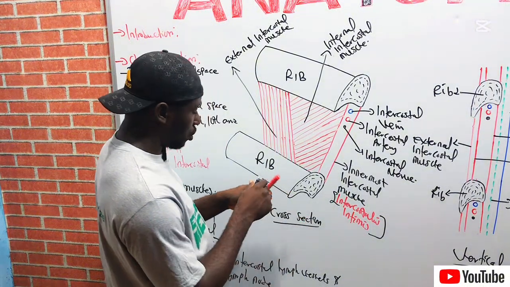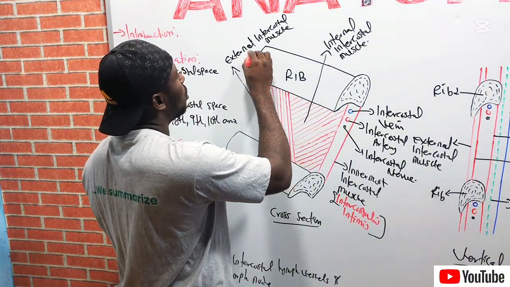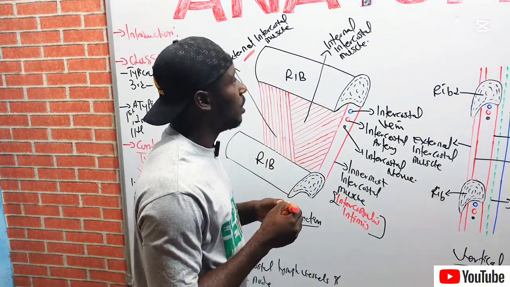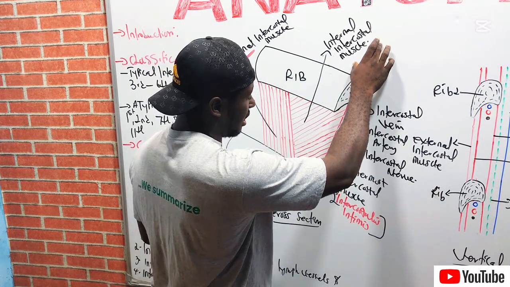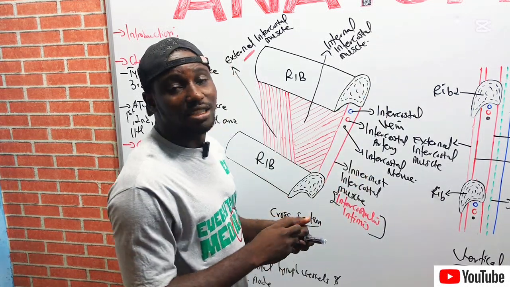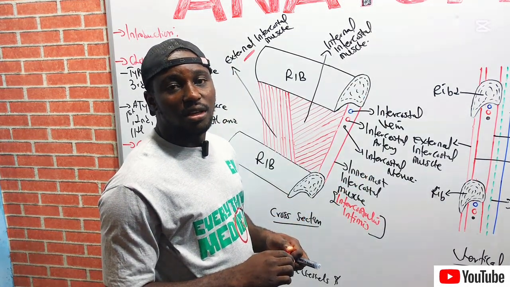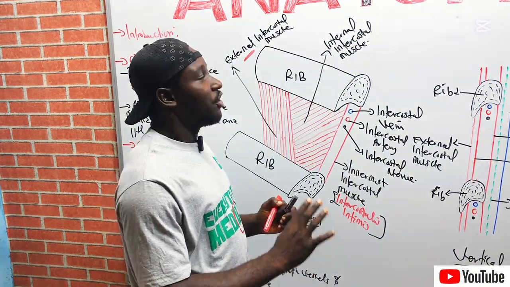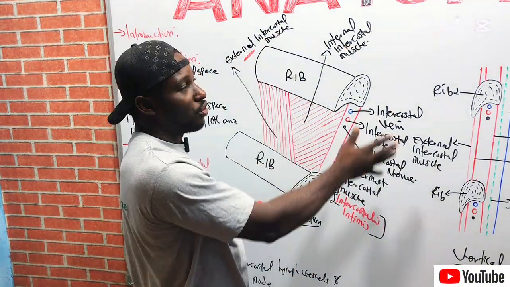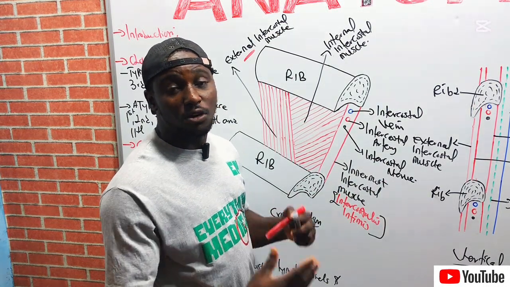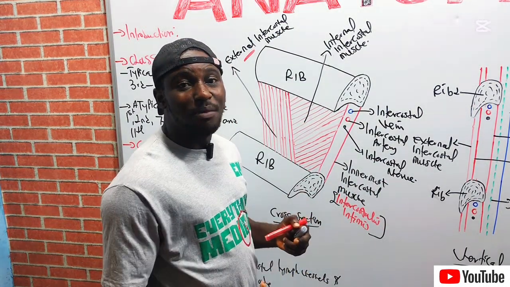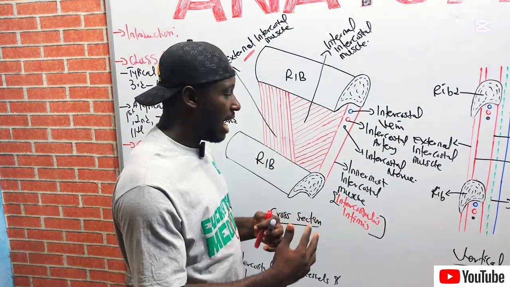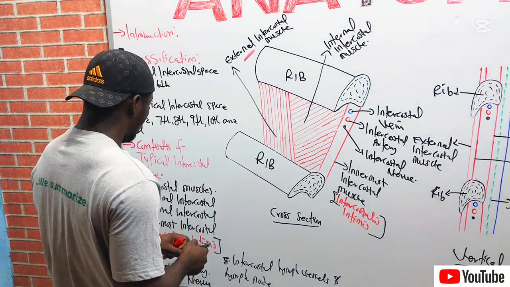So this muscle usually acts during what? Inspiration, whereas this and this usually act during expiration. So that is how they work. Recall that these muscles are innervated by the intercostal nerves. They are innervated by the what? Intercostal nerves, right? Okay.